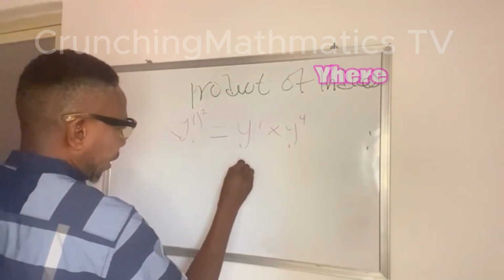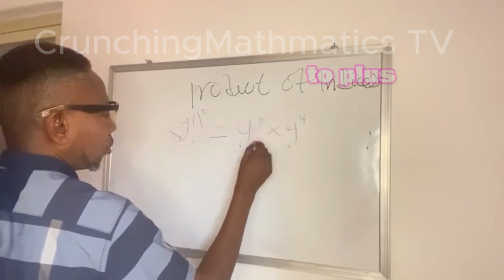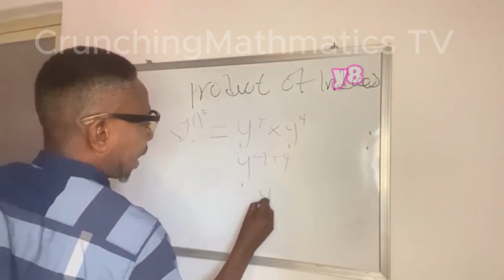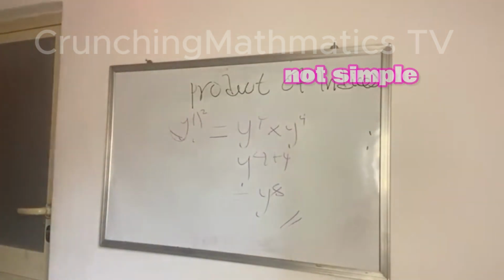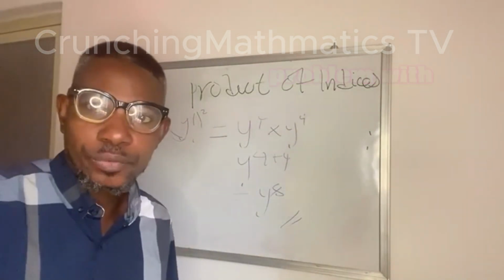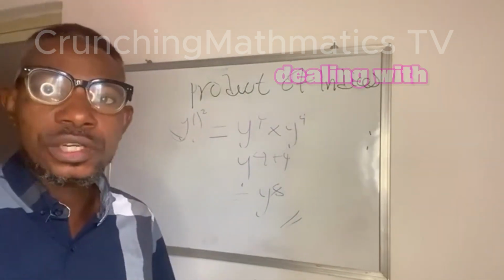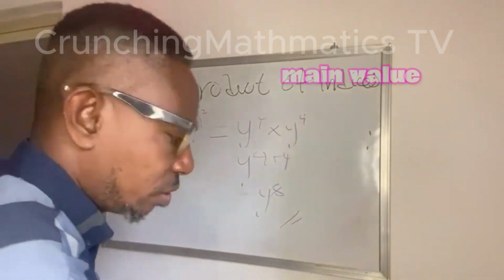We have the whole y here, and 4 plus 4 gives us y to the 8. Is that not simple enough? If you have any problem with that, let me know. When dealing with indices, you are dealing with the exponents, not the main value.